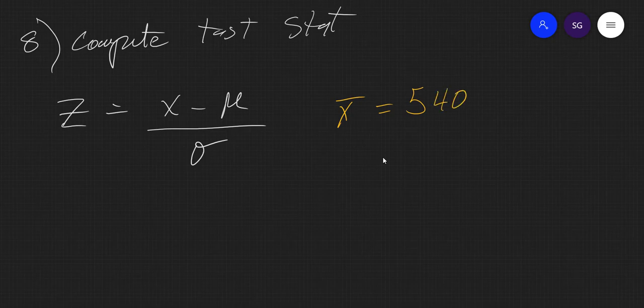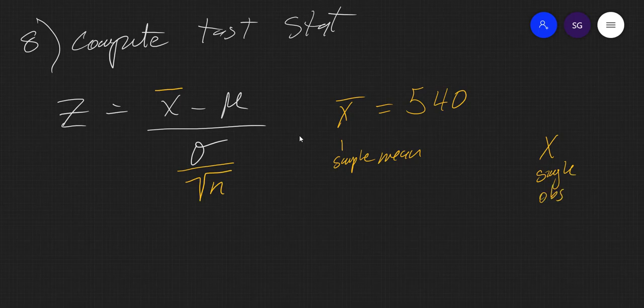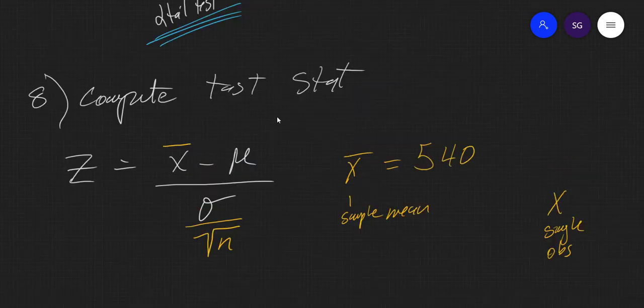Look at your variable sheet. So what we need is to turn this into an x bar, and if we do that, then we need to convert this into the square root of n. That's not difficult. You just have to remember that this is the sample mean, and if we were to do a simple x, it would be a single observation, right? So just keep that in mind.